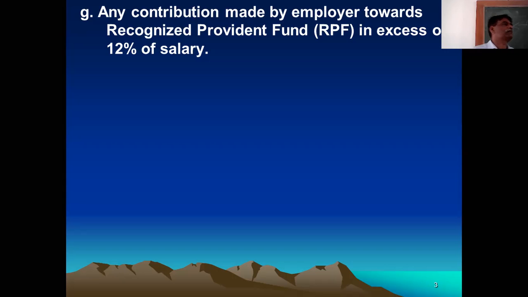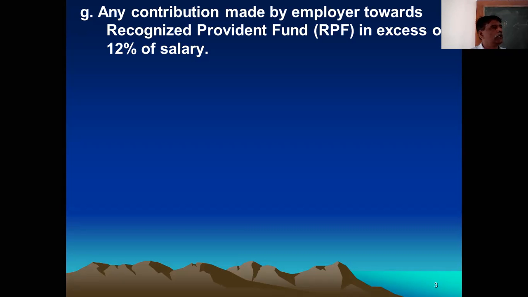Provident fund means for the benefit after retirement, or post-service benefit, the employer and employee will contribute some amount to this fund. This fund is to be paid to the employee after retirement or on the death of the employee.